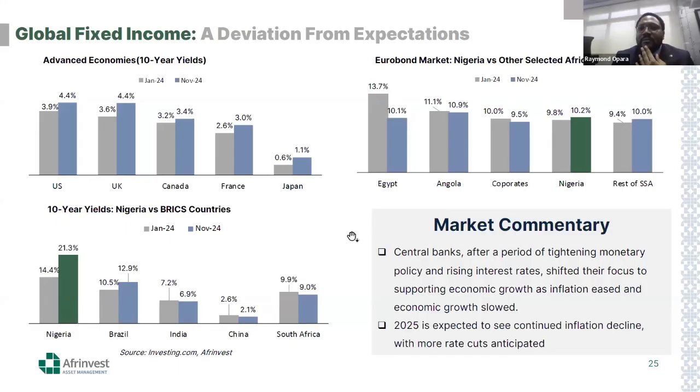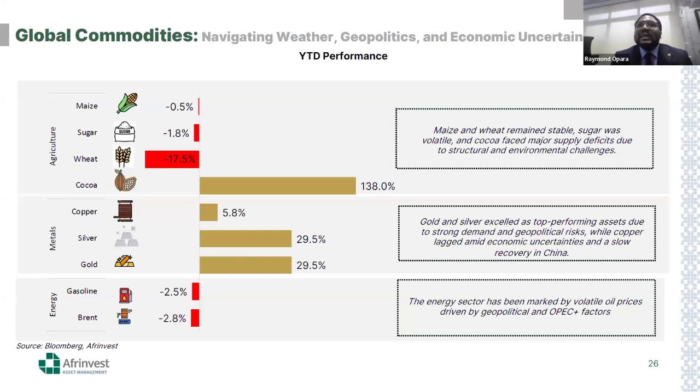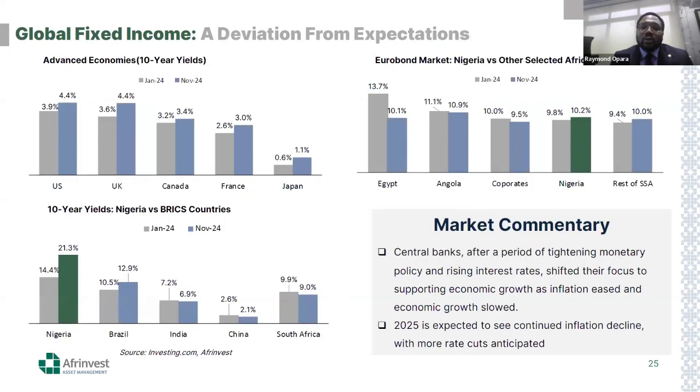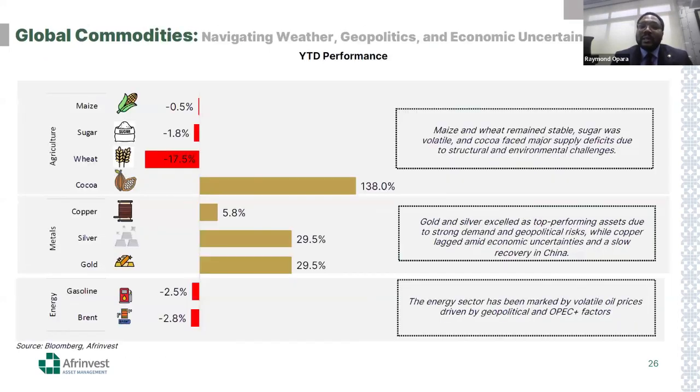improved economic activity. And for commodities, we understand that commodities experienced a volatile 2024, driven majorly by geopolitical tensions and somewhat supply chain disruptions. Oil prices remain elevated due to OPEC cuts as well as geopolitical shocks, while metals like copper and silver have benefited from a demand for more infrastructure and also cleaner energy investments.